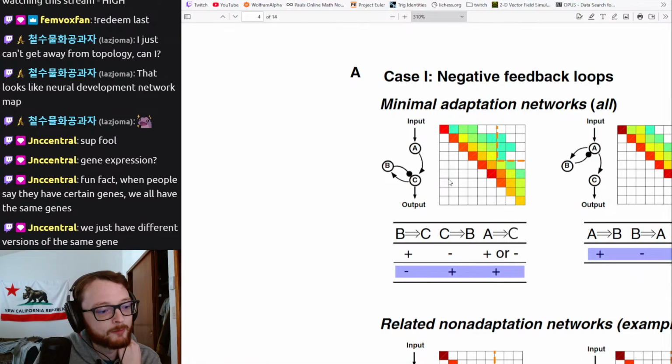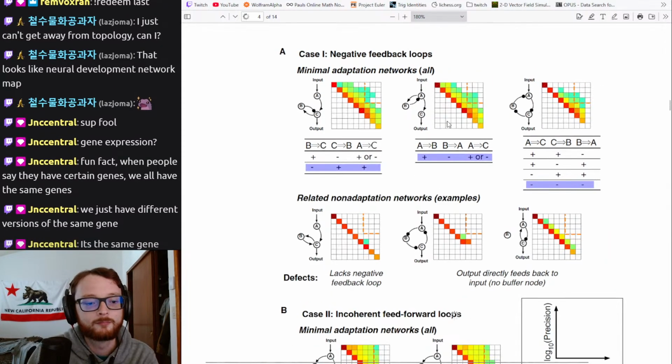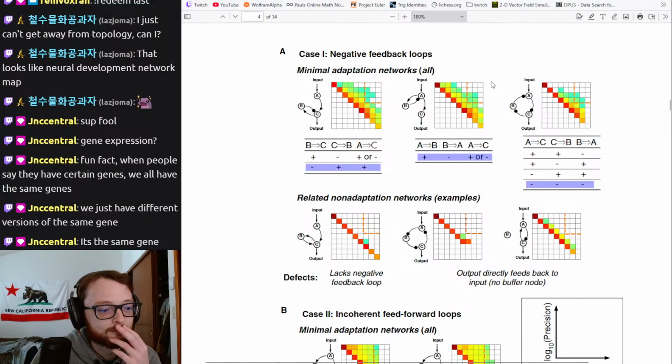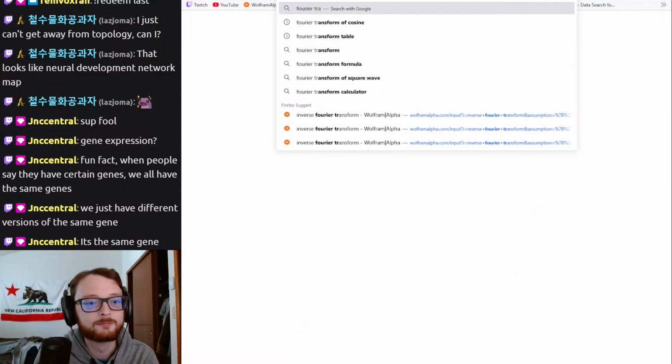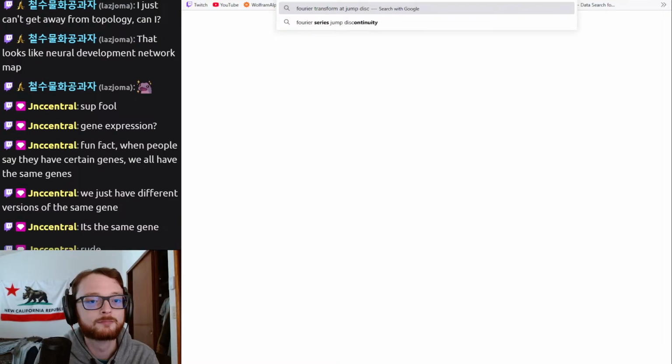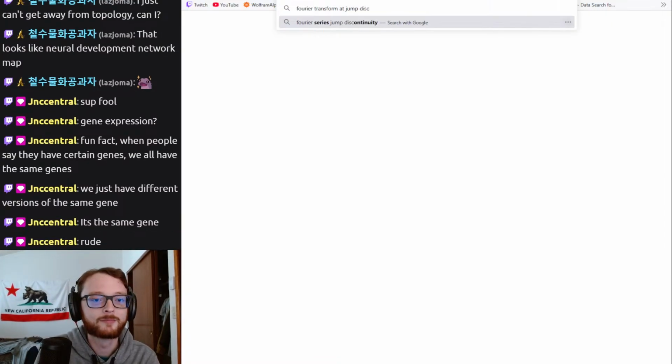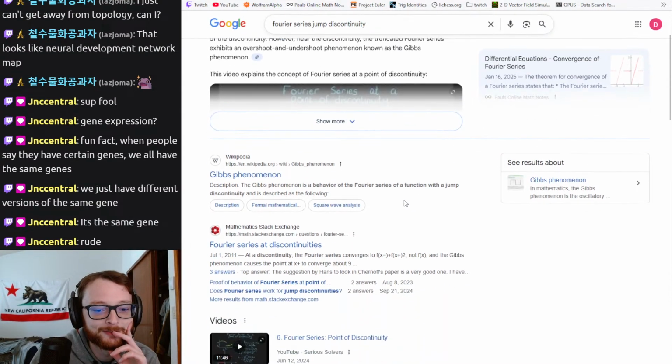People say they have certain genes. We all have the same genes. We just have different versions of the same gene. Oh, it's like all the same DNA. Interesting. I'm just a rude person.